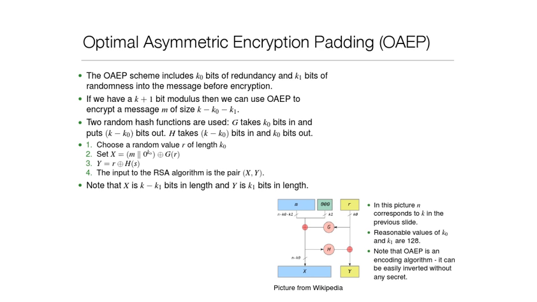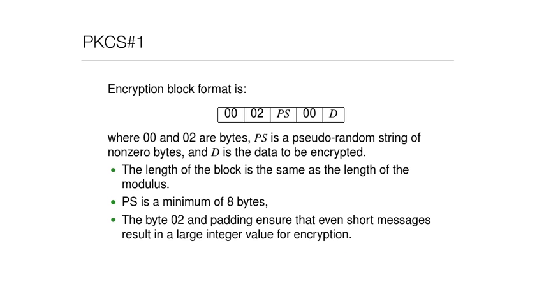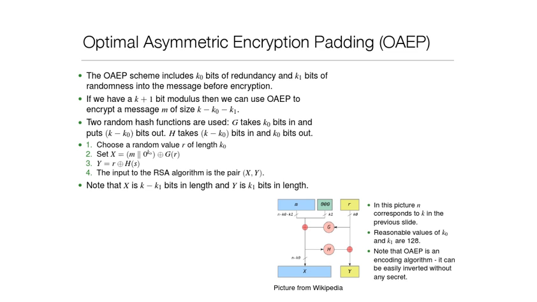And then the OAEP scheme is not simple like this. It has the message and some zero values, then an XOR operation, and some randomness, and a function, so it is a complex thing.